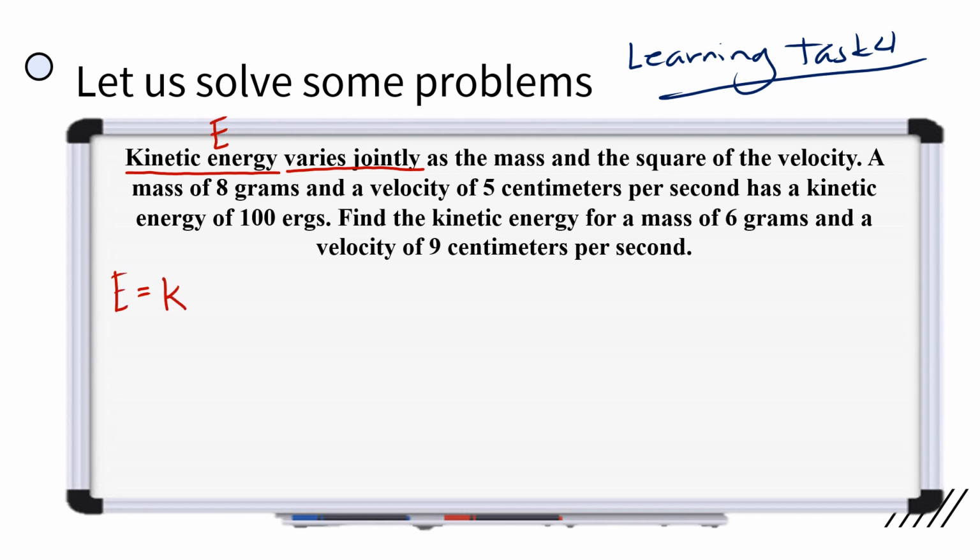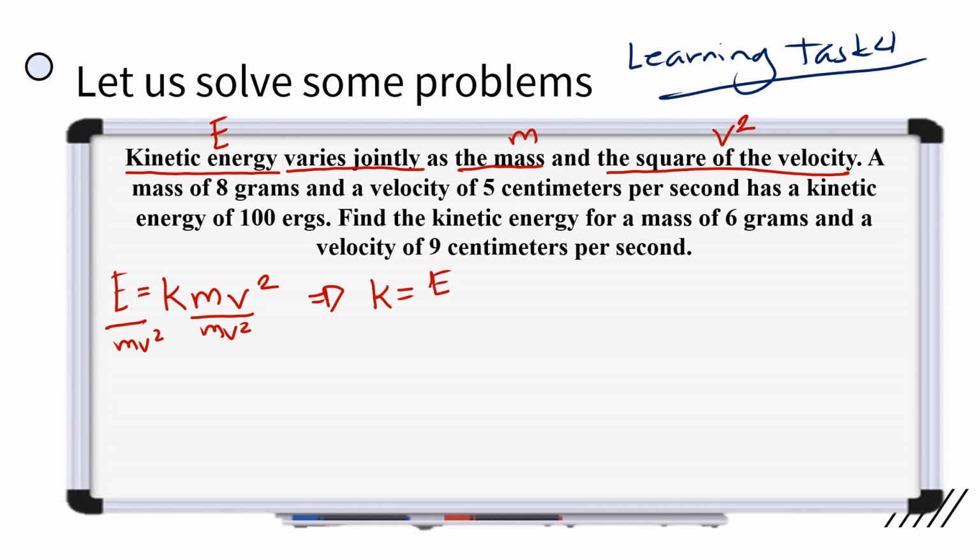varies jointly as the mass M and the square of the velocity. So, may square tayo ng velocity. Let's make it M and then V squared. Lagyan lang natin yung equation. So, then, para makuha natin constant muna. So, constant divide by MV squared. Para makuha natin yung ating constant.